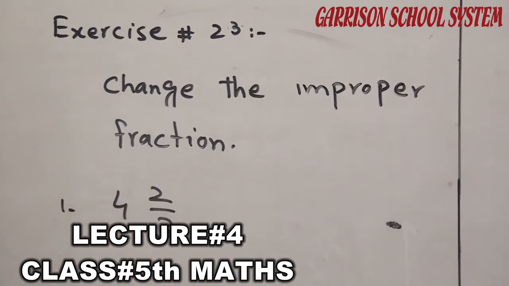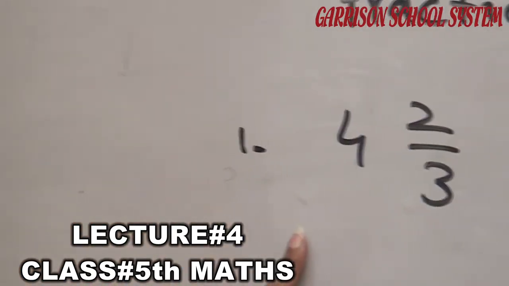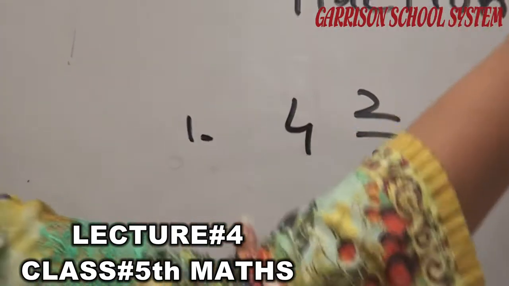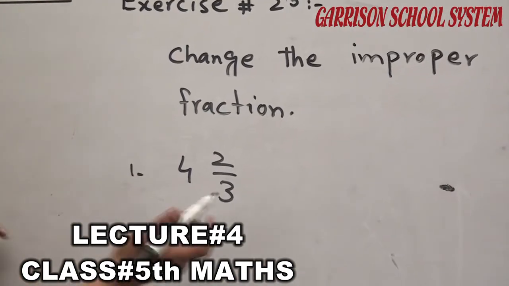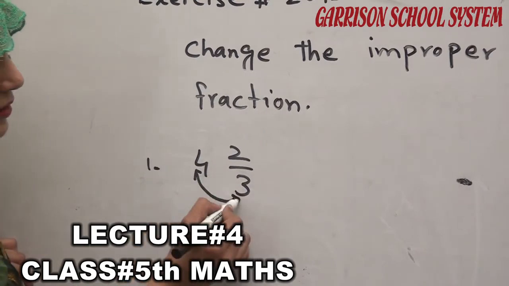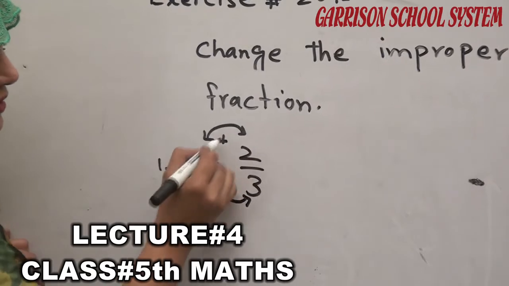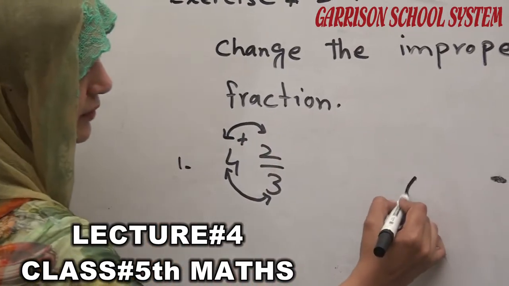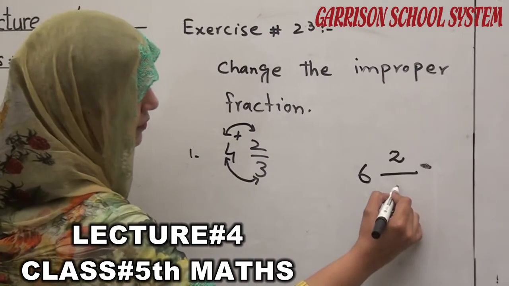So students, have you seen, this is the mixed fraction and we have to convert it into an improper fraction. So how can I convert? Simply, we multiply this number by this number and then we add this number. For example, here is a question 6 and 2 by 3.